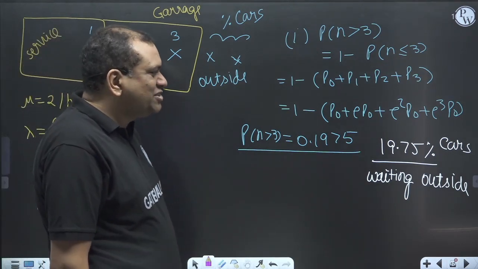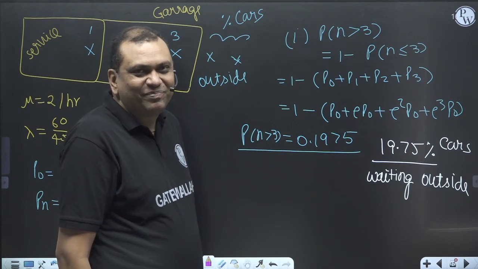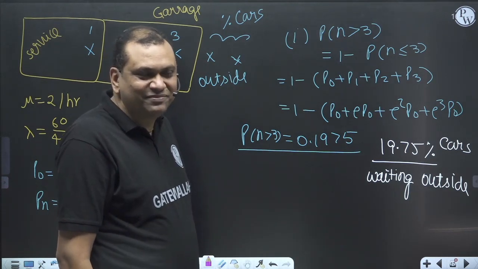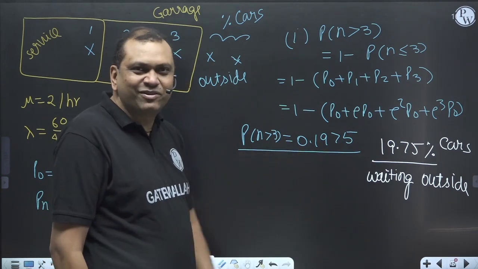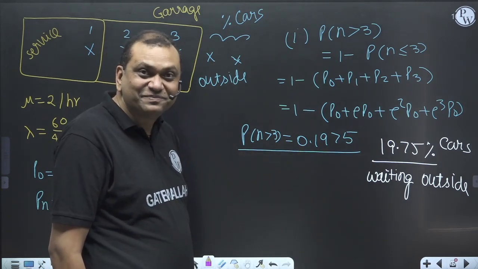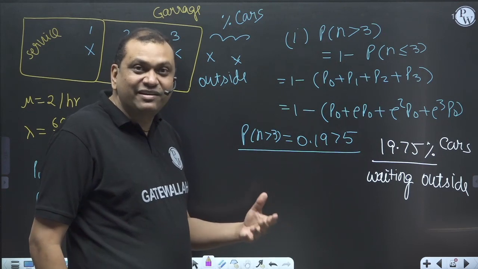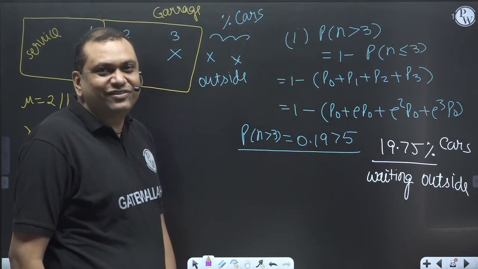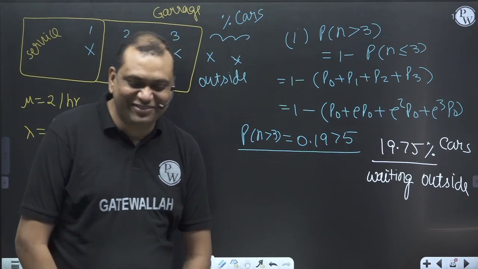You know what students used to tell? What is the answer of the second problem? Their instant answer was that 19.75% of customers will be lost.